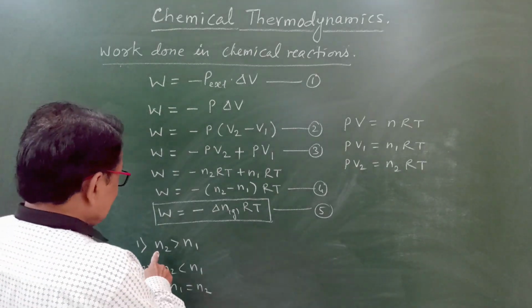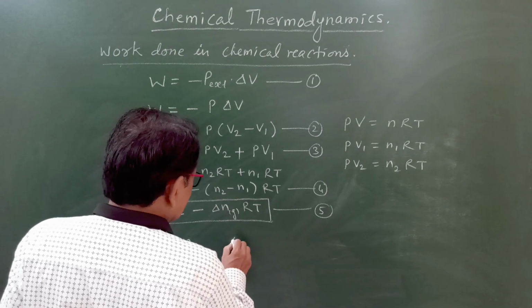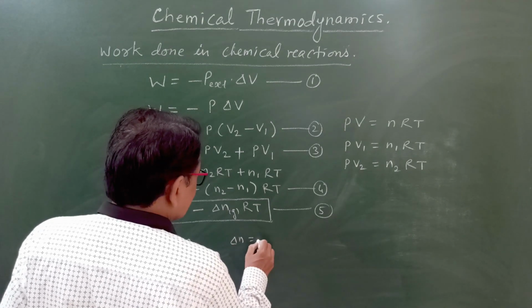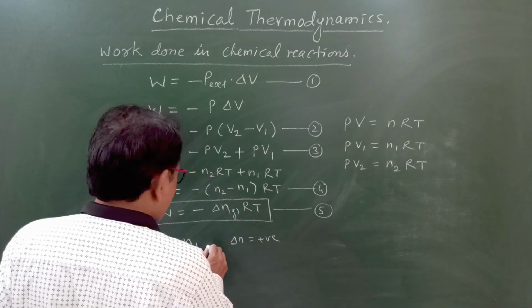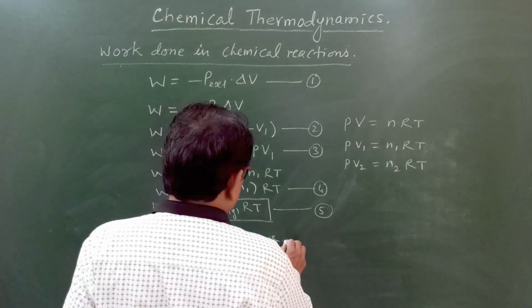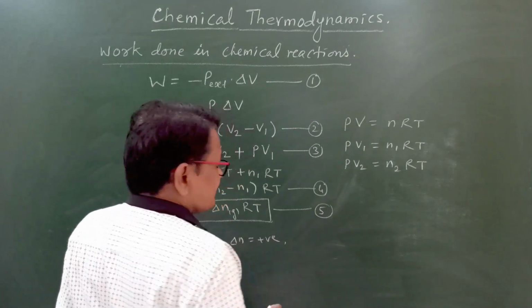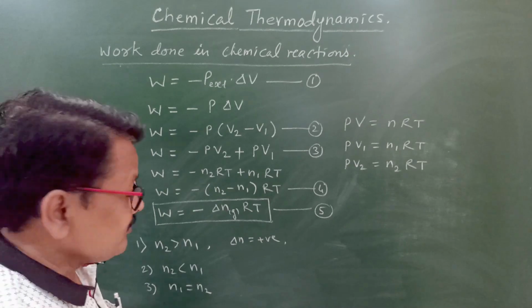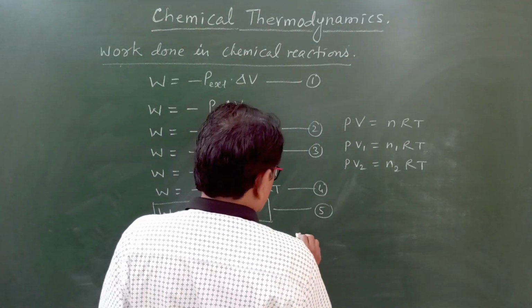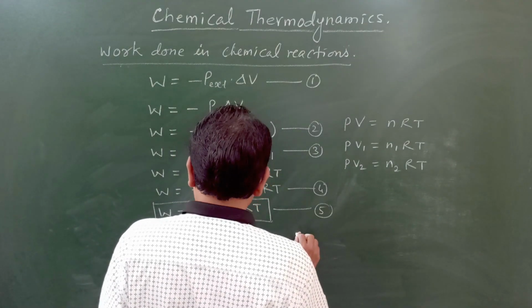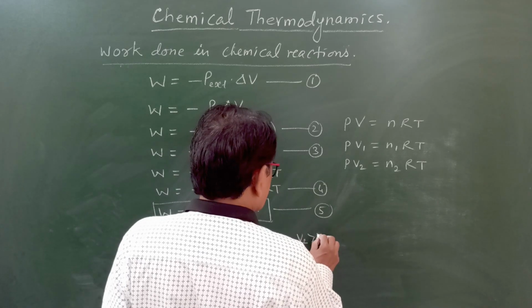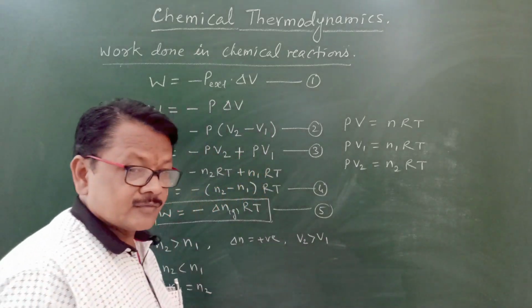Here n2 is greater than n1, this delta n is positive, means here final volume V2 is greater than initial volume V1.